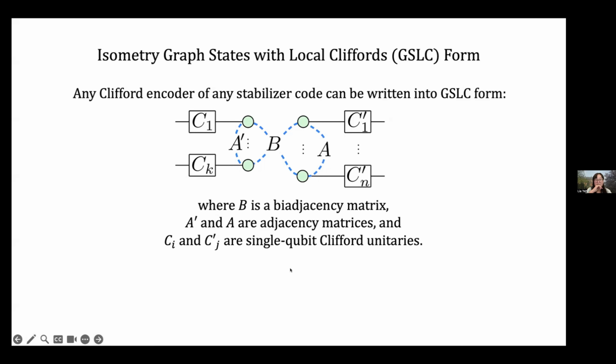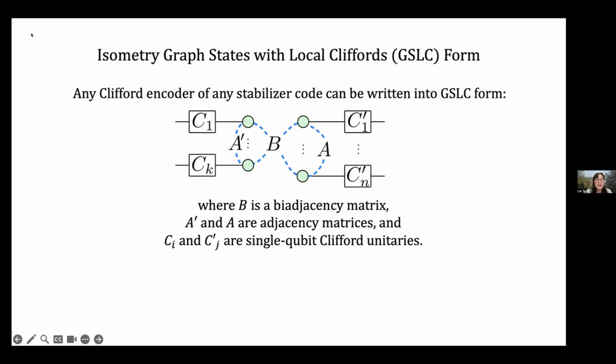One thing to note is that in quantum error correction, people usually don't care about the single qubit Cliffords because they don't change most properties, in fact almost all properties that are interesting for the code. These single qubit Cliffords don't change the code distance, and it's just another almost equivalent code.